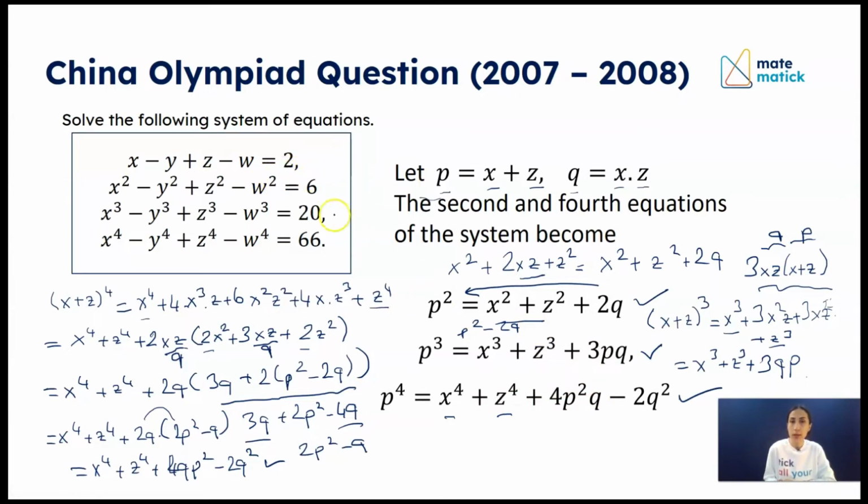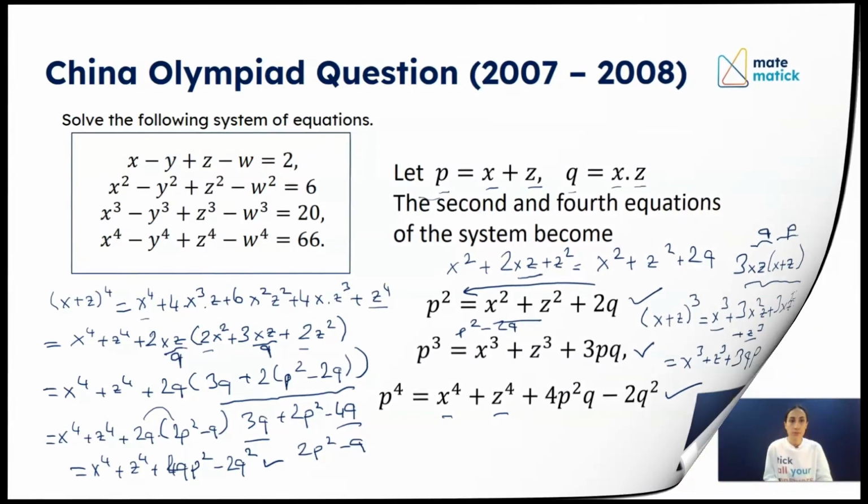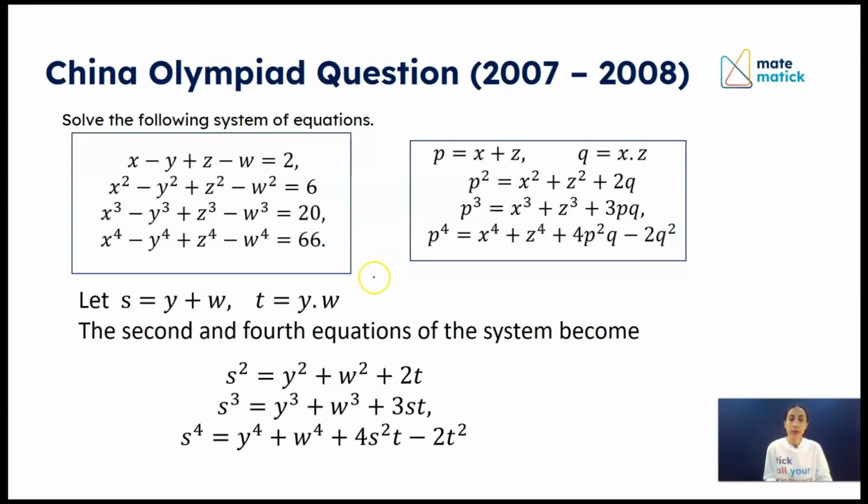We will label them and then we will find these. After that we will start finding our variables. So let's say y plus w is equal to s and y times w is equal to t. I'm doing the same thing, but here I don't have to calculate from the beginning because I already did it for p. They will be the same, but instead of x and z, I'm going to put y and w.